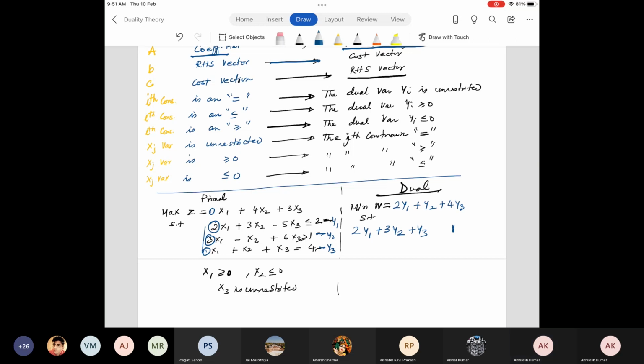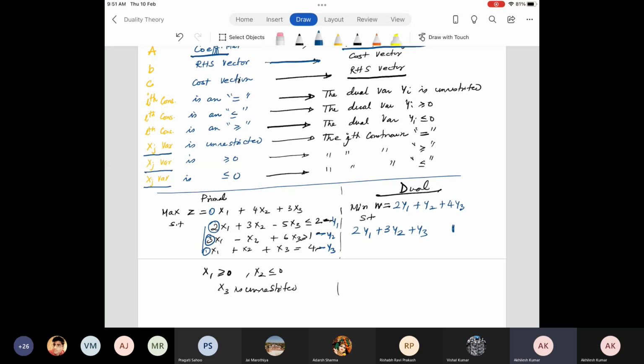Sir, greater than or equal to. Based on which criteria? Where are you looking in the table to decide whether it will be greater than or less than? Sir, the ith constraint is less than, so No, you are not looking at the right place. To decide the sign of the constraint, you need to look at the variable type, right?